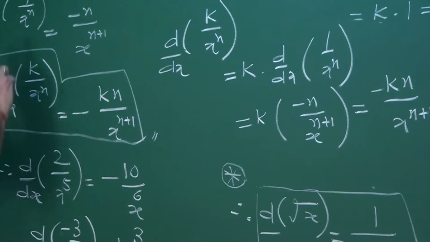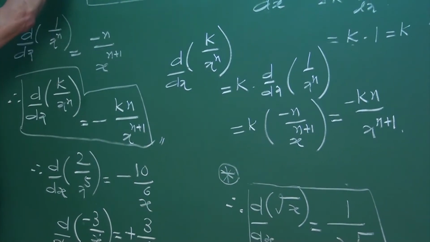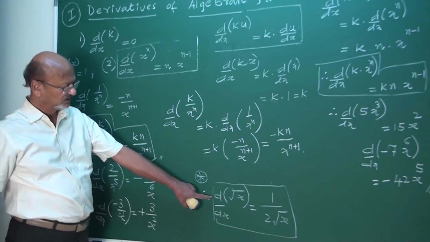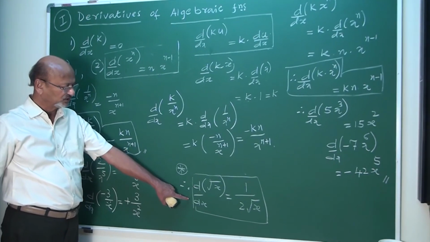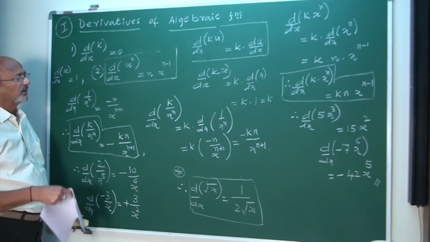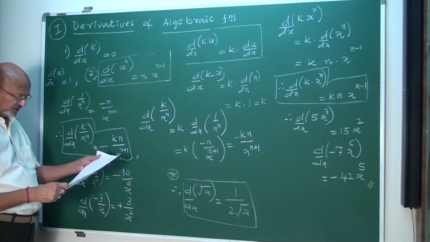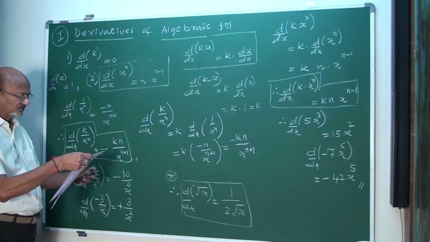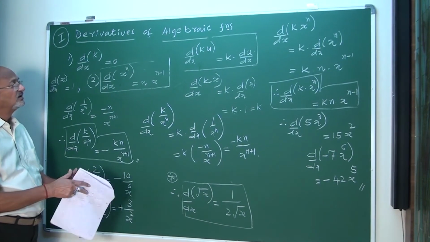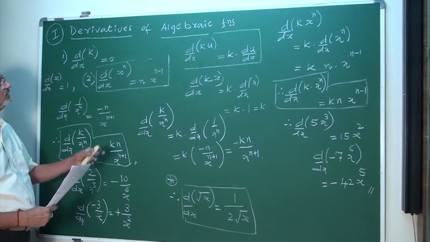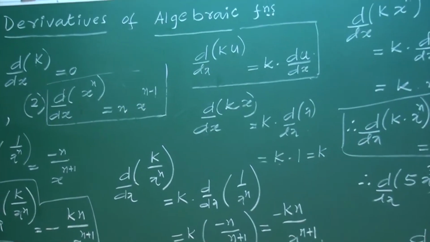This is about the derivatives of algebraic functions, including the derivative of root x with respect to x, which is 1 by 2 root x. These are just the list of tips we have in case of algebraic functions.